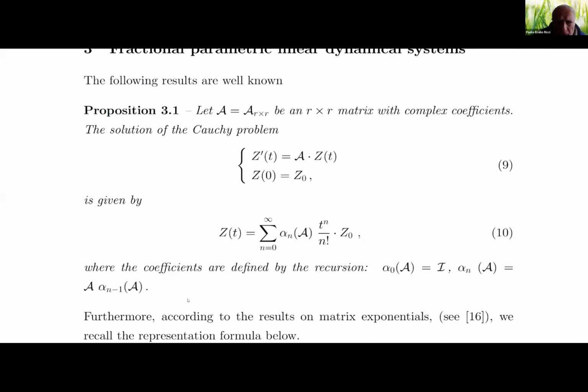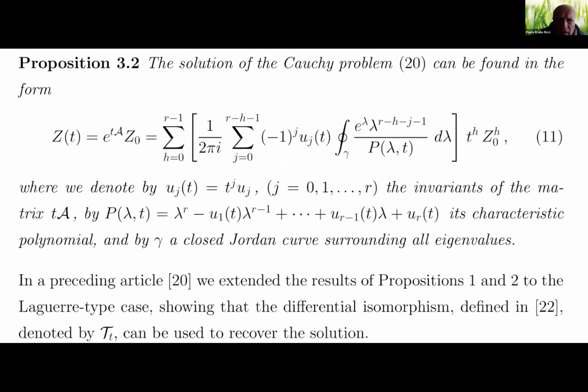So there is also a possibility to write the solution in a closed form. This is a classical result because the solution depends on the exponential of this matrix.